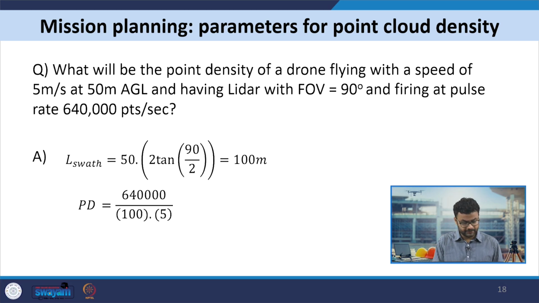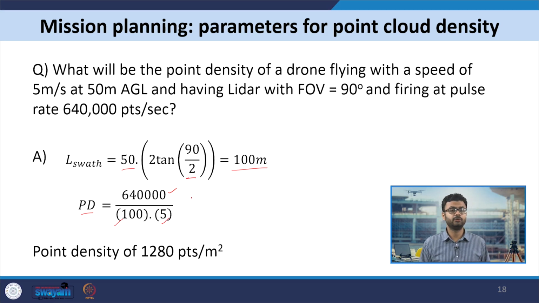The swath width therefore becomes 50 meters above the ground level multiplied by twice the tan of half the field of view. So this gives us 100 meters as the swath width. Then point density is equal to the pulse rate of 640,000 divided by the swath width divided by the velocity, and this gives us a point density of 1280 points per square meter.